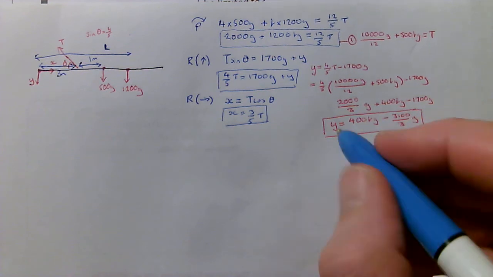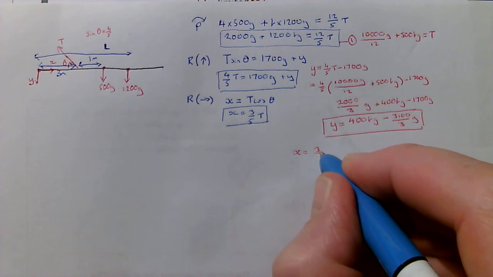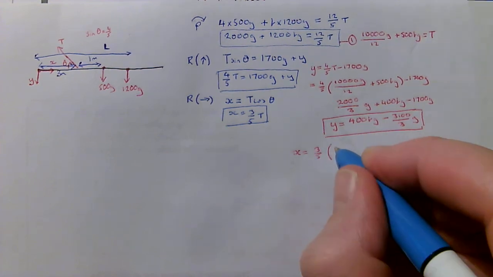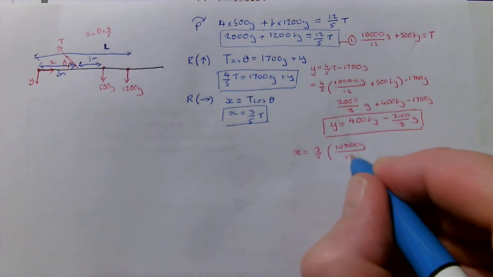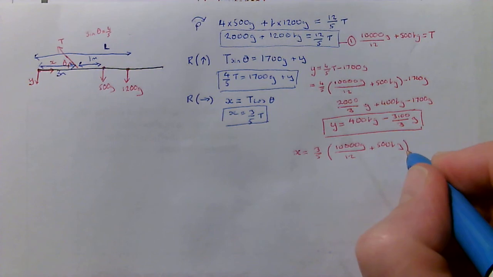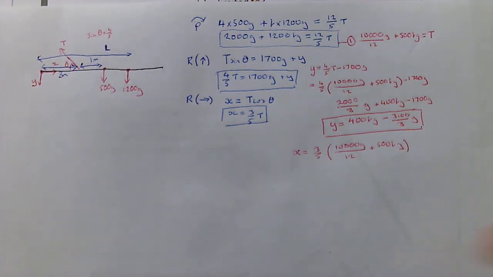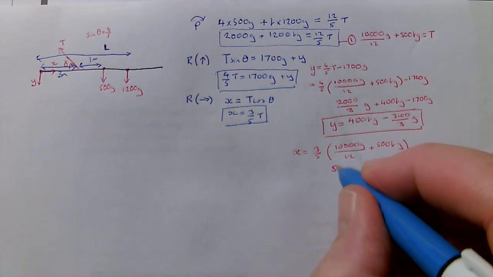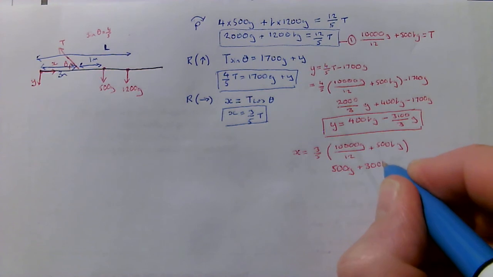X in terms of L is somewhat easier, you'll be pleased to know. So X equals 3/5 of 10,000 G on 12 plus 500 LG. And that should just give me 500 G plus 300 LG.